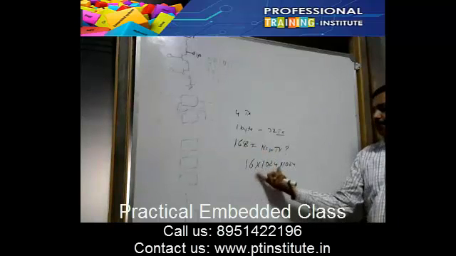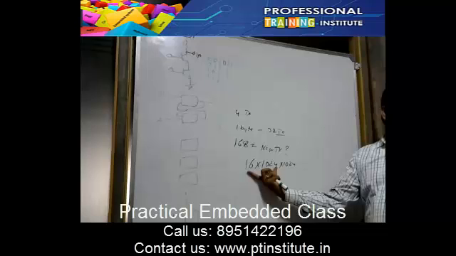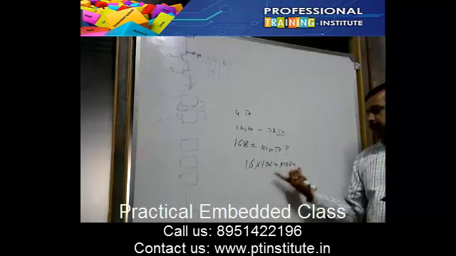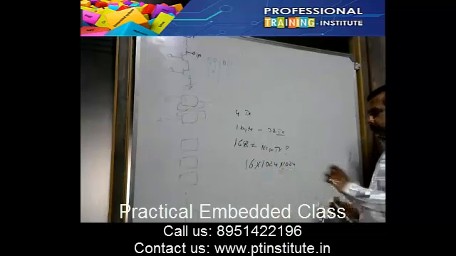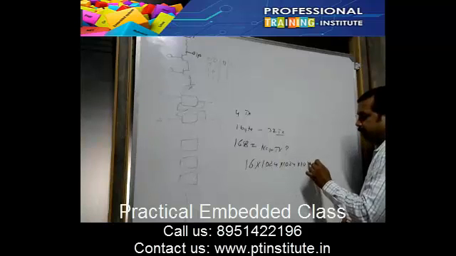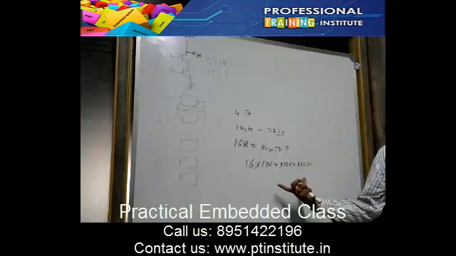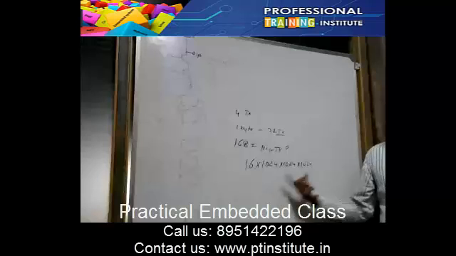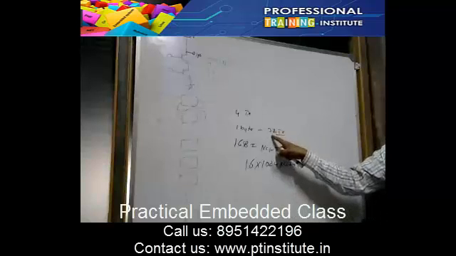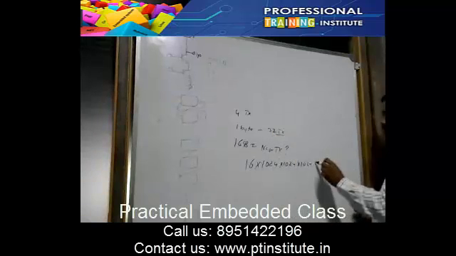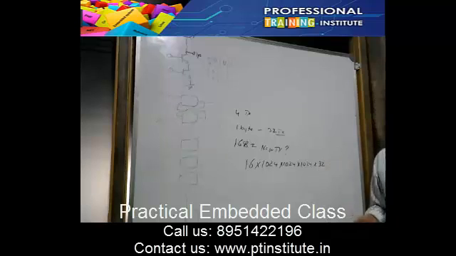When we multiply by 1024, it becomes MB. Again we multiply by 1024, KB. Again we multiply by 1024, it becomes bytes. And each byte has this many transistors. Understand? Just multiply quickly.